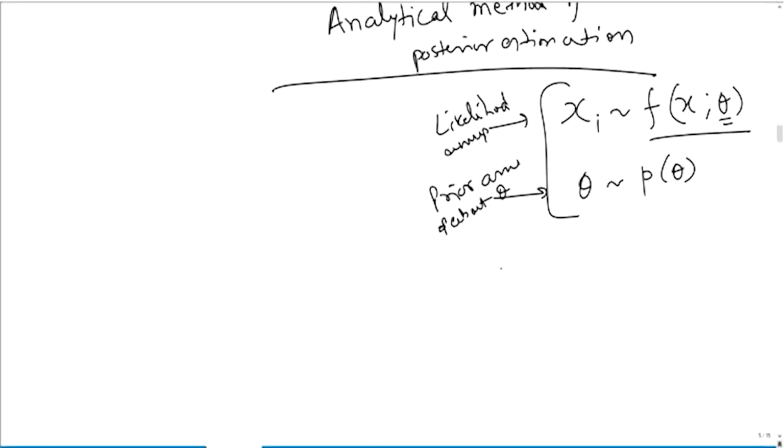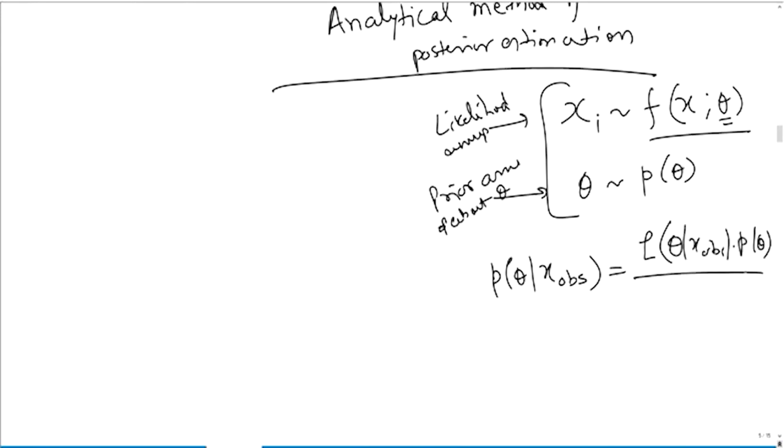Now, as I discussed in the previous lecture, in order to calculate the posterior, let's say x obs is the observed data, you need to multiply the likelihood and prior and divide it by the marginal likelihood, which is the integration of the likelihood and prior with respect to theta.